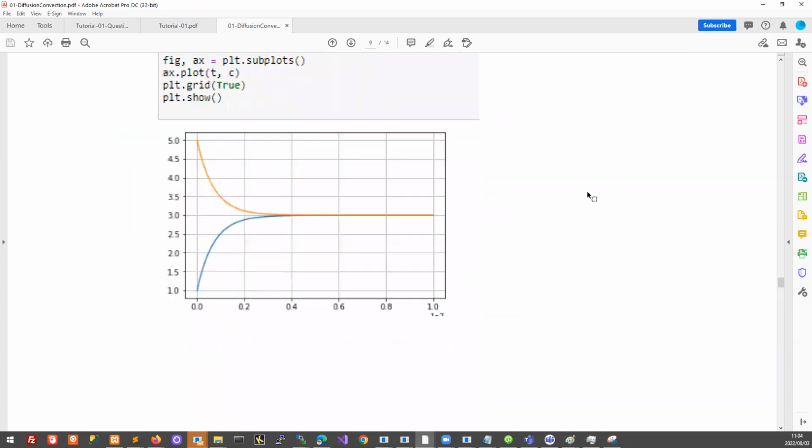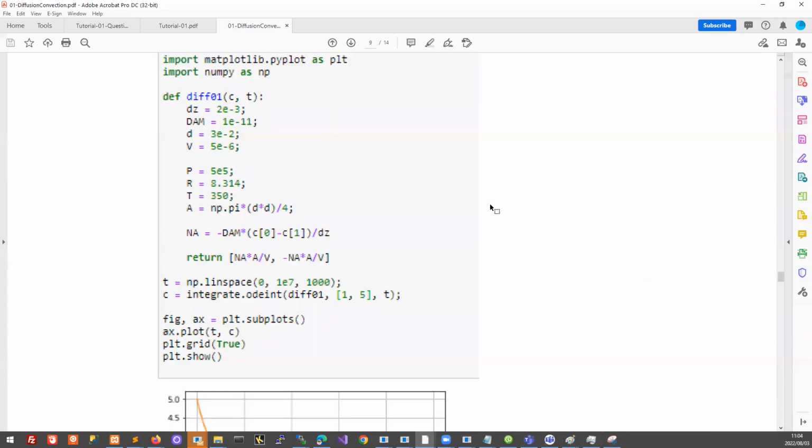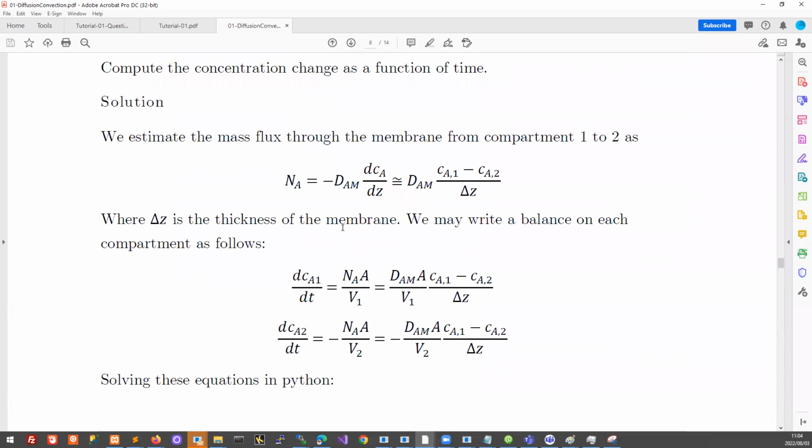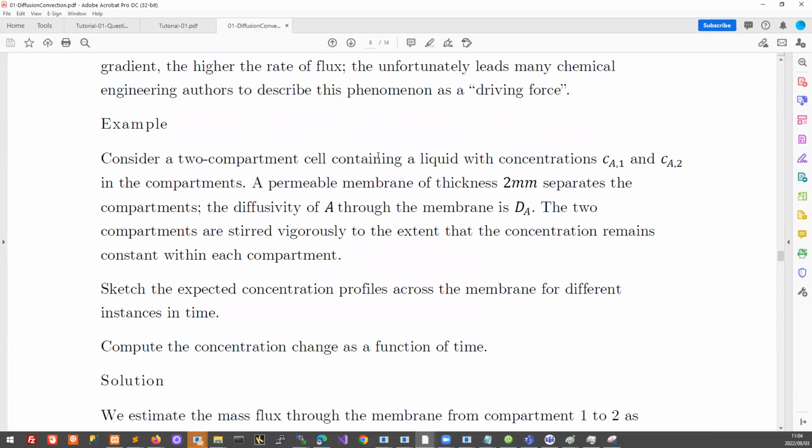Right, so that's the basic setup. And here's a nice example where we are looking at diffusion across a 2-compartment cell.